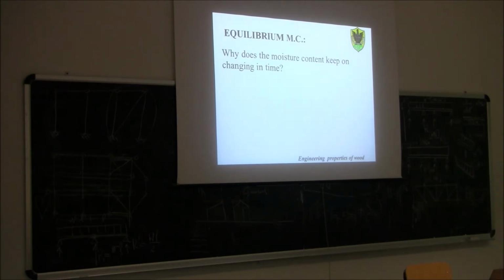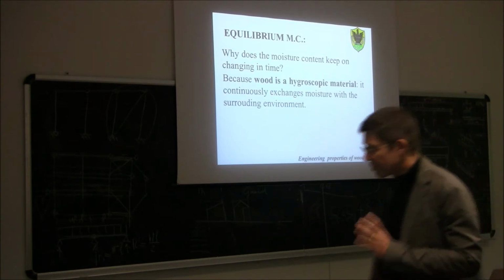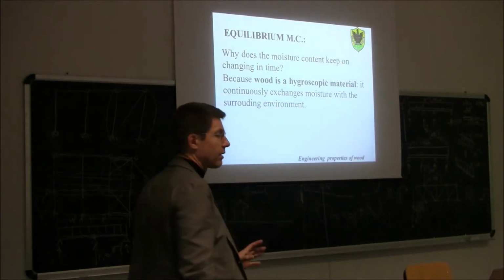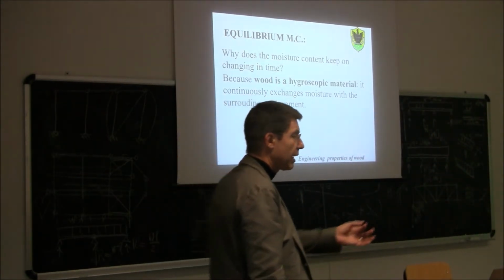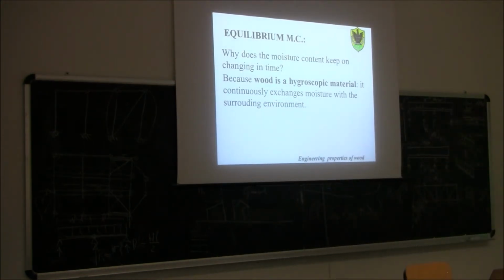Now, we can ask ourselves, why does the moisture content of timber keep on changing in time? As I said at the very beginning, because wood is a hygroscopic material. So it continuously exchanges moisture with the surrounding environment. If you take a small piece of wood and put it into a certain environment characterized by relative humidity and temperature, immediately the moisture content of wood will change and will move towards what is called the equilibrium moisture content.